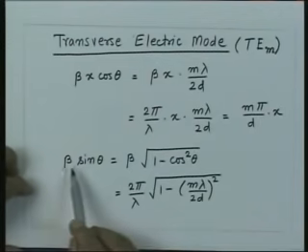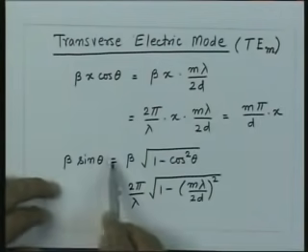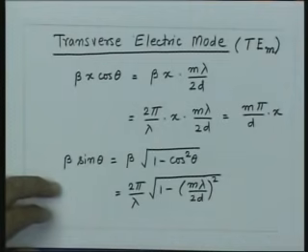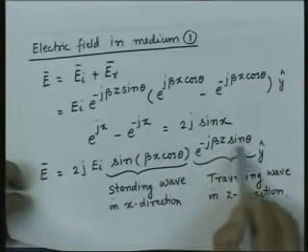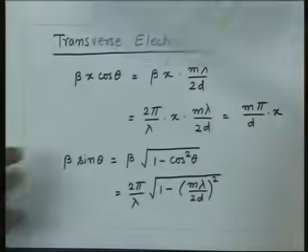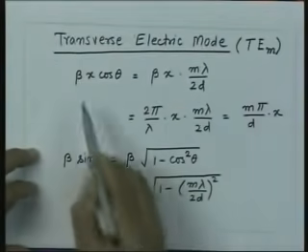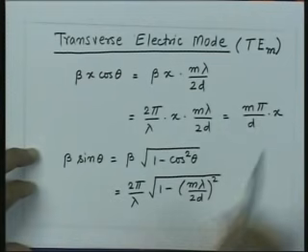So, I have got now the phase constant which is in z direction, which is this. That is what we get from this field expression, that is the phase constant beta times sin theta, and beta x cos theta can be replaced by this quantity.